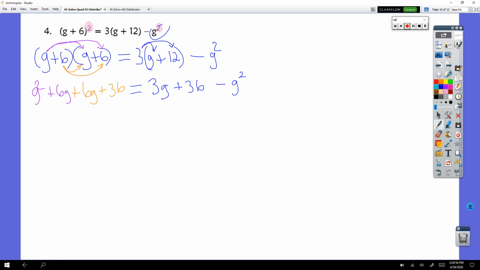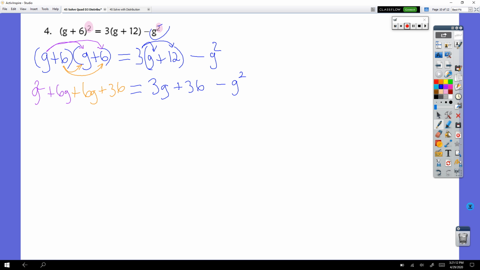Okay, so now I need to figure out, do I move everything to the right or to the left? So I'm going to look at my two greatest exponent terms. I see g squared and negative g squared, and I need to move the smaller variable.